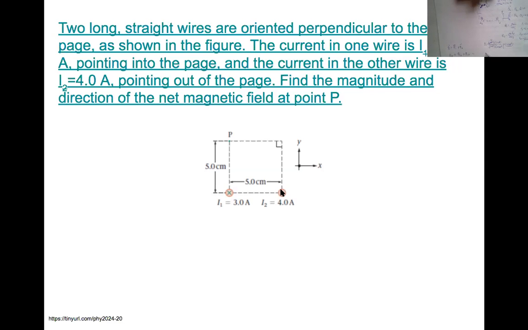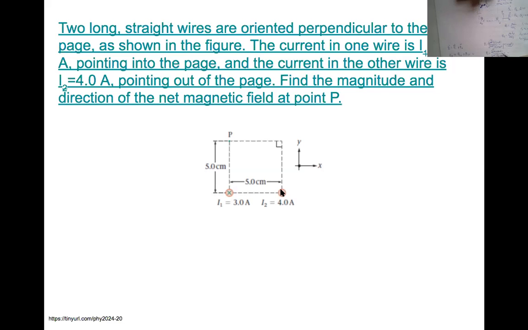Similarly for B2, it's going to be 4 pi times I2 divided by 2 pi times square root 2 times 5 times 10 to the negative 2. So again, 2 pi will cancel out with 4 pi, so 2 remains. Now square root 2 will cancel out 2, so you have square root 2 remaining on the top.